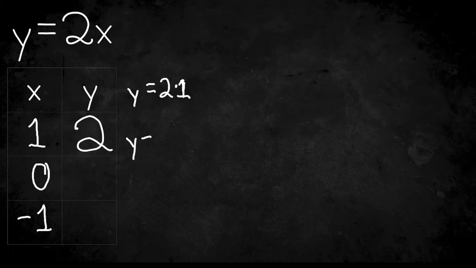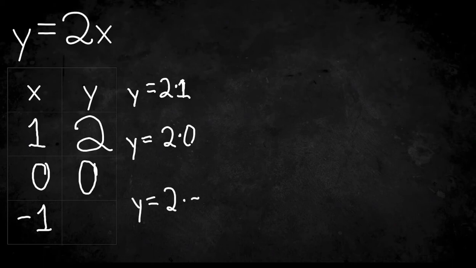That would be y equals 2 times 0, and 2 times 0 is just 0. And here in the -1 case, we have y equals 2 times -1. Always do parentheses around the negative number. And 2 times -1 is -2.